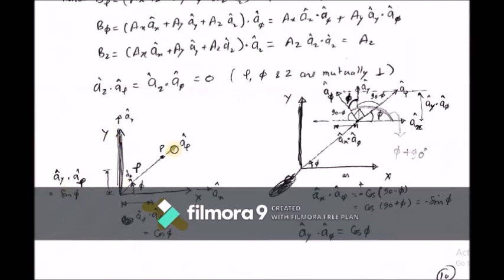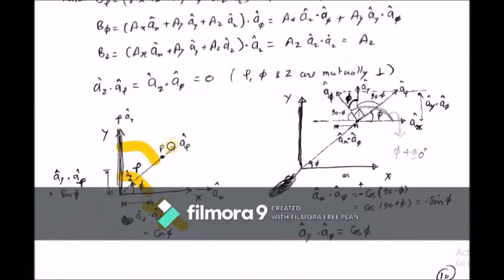Similarly, see here, what is a rho dot ay? This is just a component here, so it is mod of a rho multiplied by mod of ay multiplied by cos of this angle. This angle is phi, and this angle is 90 degree, so this angle is 90 minus phi.